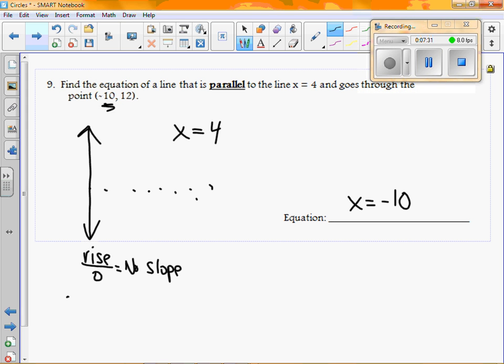It's got to be x equals. If it said perpendicular to x equals 4, but goes through that point, well, the only line that's perpendicular to this would be y equals 12. If they asked for perpendicular, you'd say the y value. They asked for parallel, so it's got to have the same slope. So it's x equals -10. Let's look. There's x equals -10. And x equals -10 goes through the point -10 and 12.